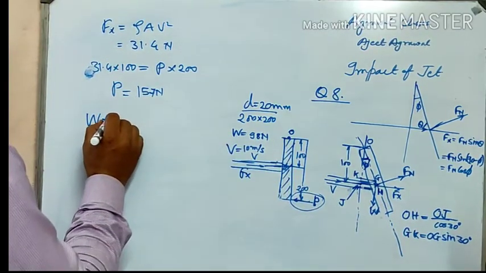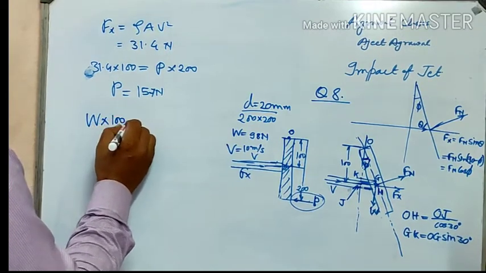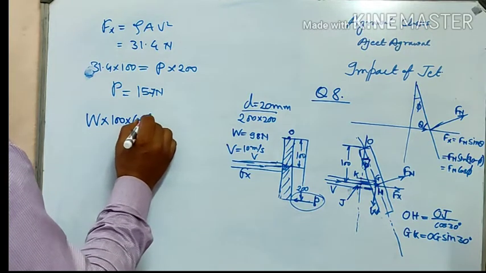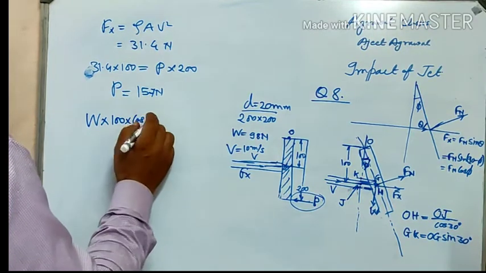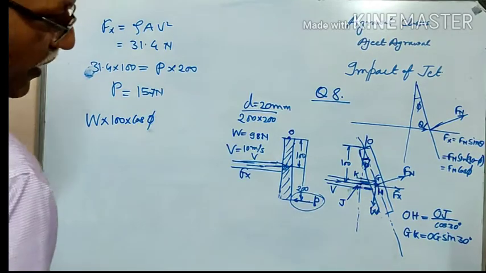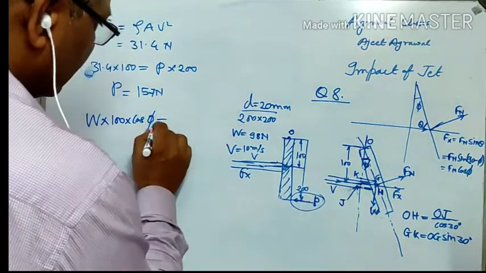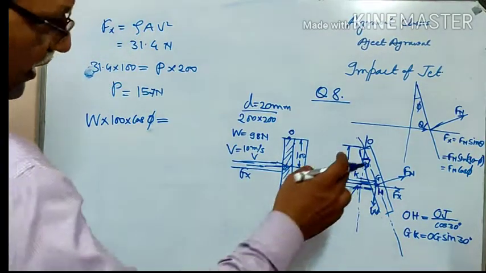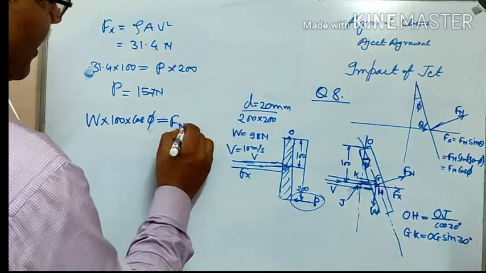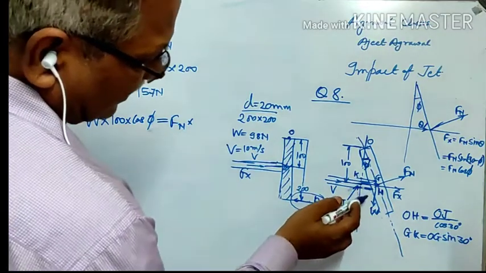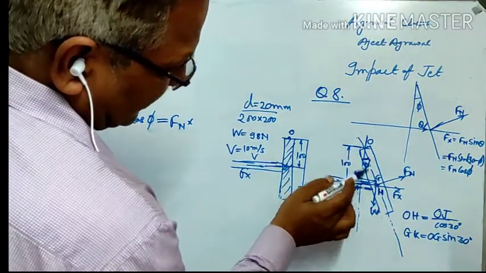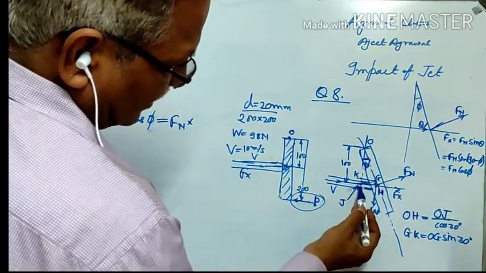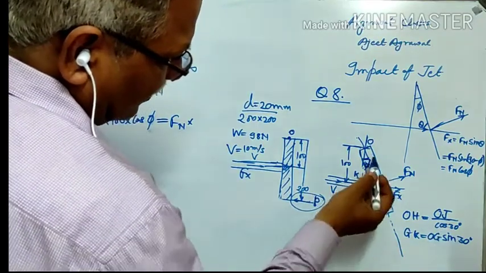OG is given as 100 millimeter, so the moment is W multiplied by 100 sine phi. The other force is trying to move this plate in the anti-clockwise direction, and that force is Fn, acting at a distance OH, which is OJ, that is 100 millimeter divided by cos of phi.